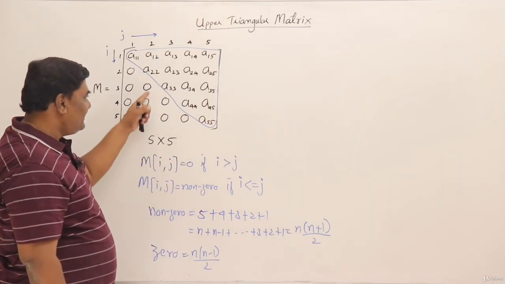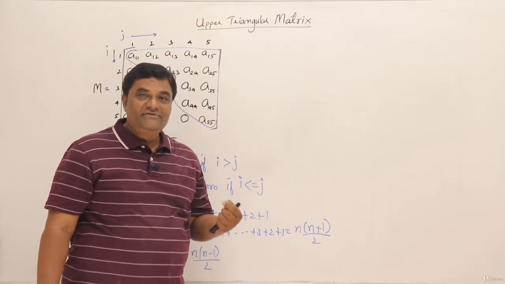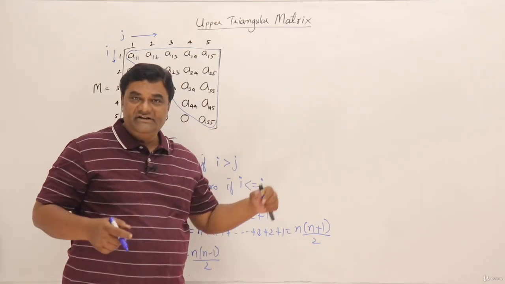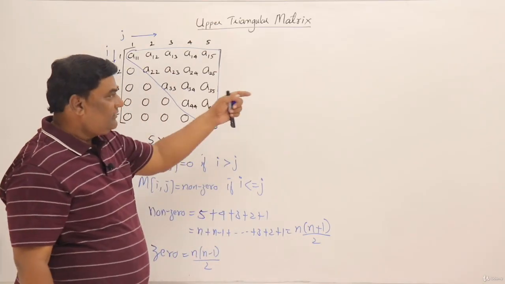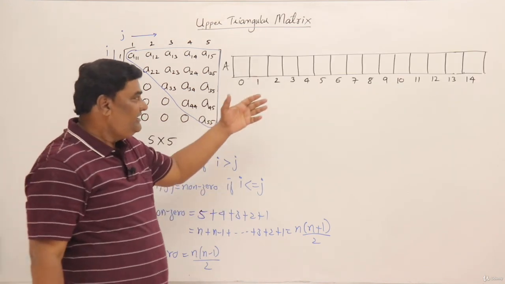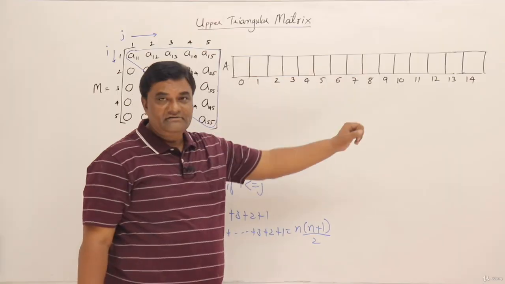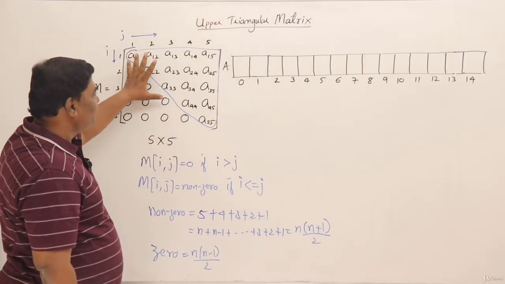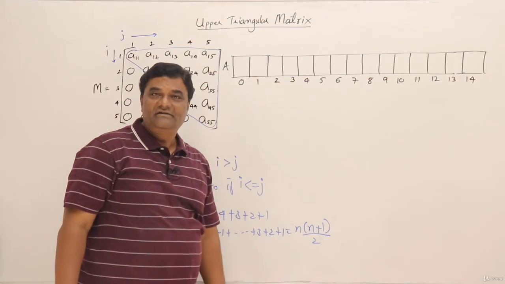Here the example size is 5, so 5 into 5 plus 1 by 2 is 15. I need an array of size 15 for storing these non-zero elements. Here I have an array of size 15, with indices from 0 to 14, and we will map this upper triangular matrix into a single dimension array.